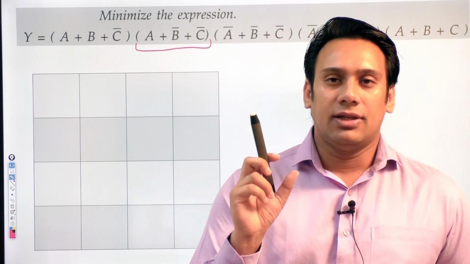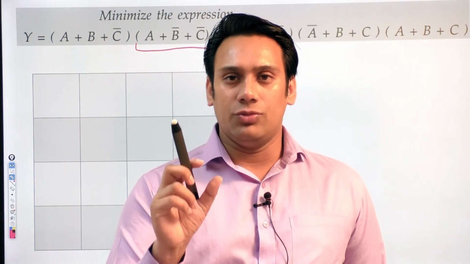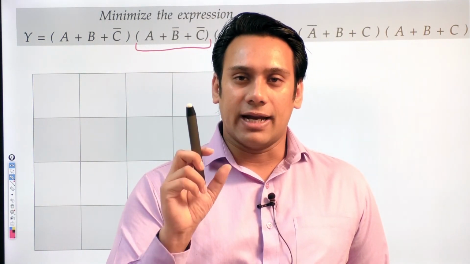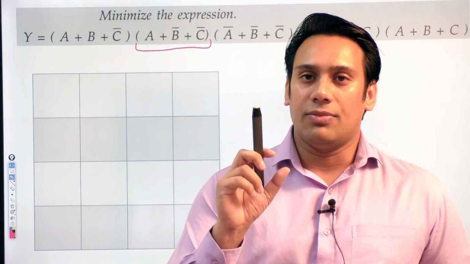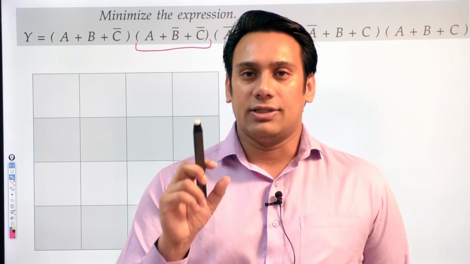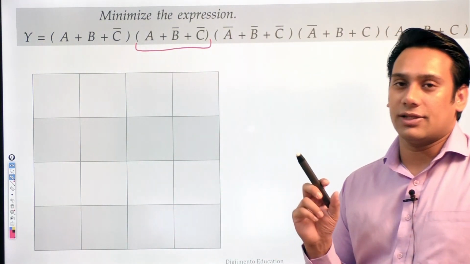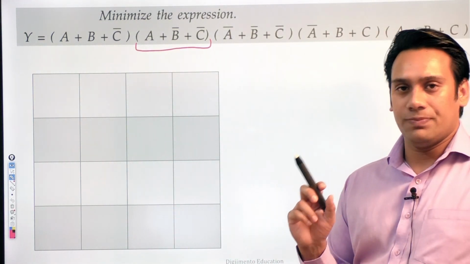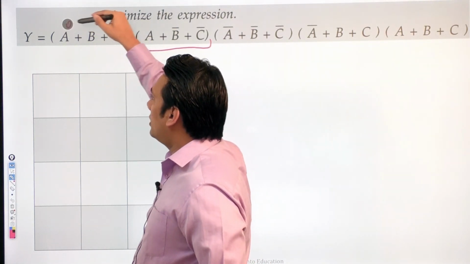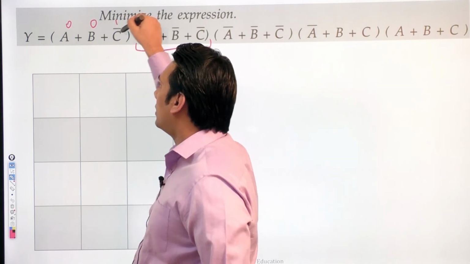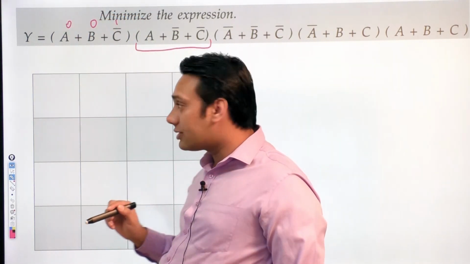This sum term means every sum term will assume a value 0 for exactly one combination of input variable. सिर्फ एक ही combination of input variable के लिए इसकी जो value है वो 0 होगी, otherwise for all other values it will assume a value 1. For example, here if I pass a value 0 to A, 0 to B and 1 to C, then only this will have a value 0.